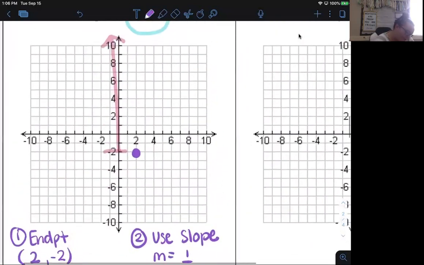I'm going to go up 1 and over 2, up 1 and over 2. And I see that this line does extend and go above y of -2 on that y-axis. So this is the portion of the line that I want. Had I gone in the other direction, I would have y values that are less than -2, which I don't want in this case.